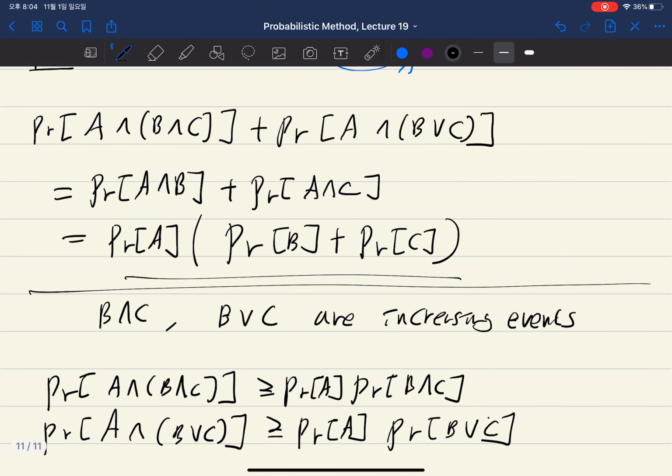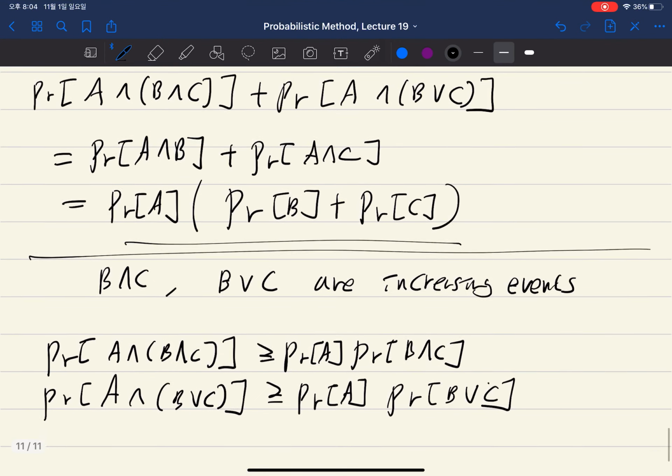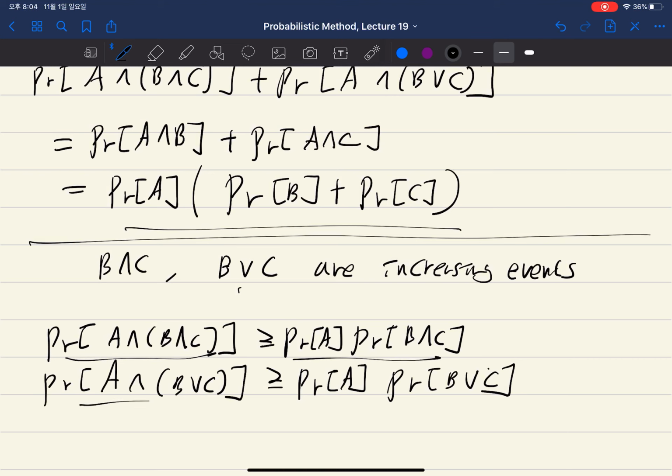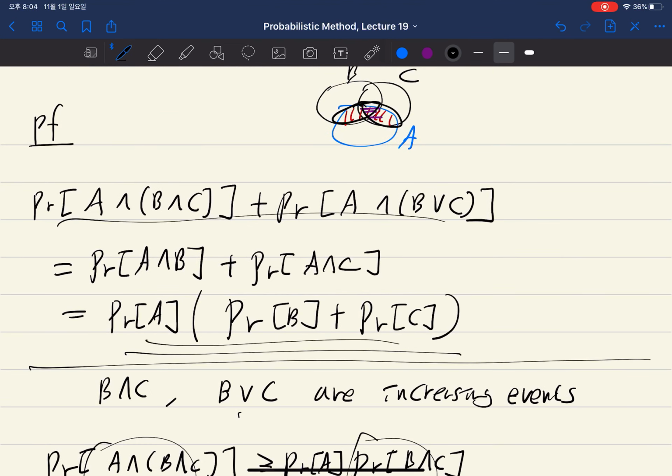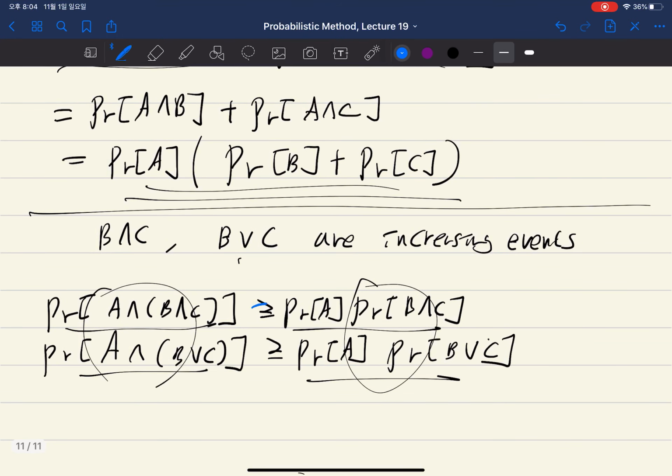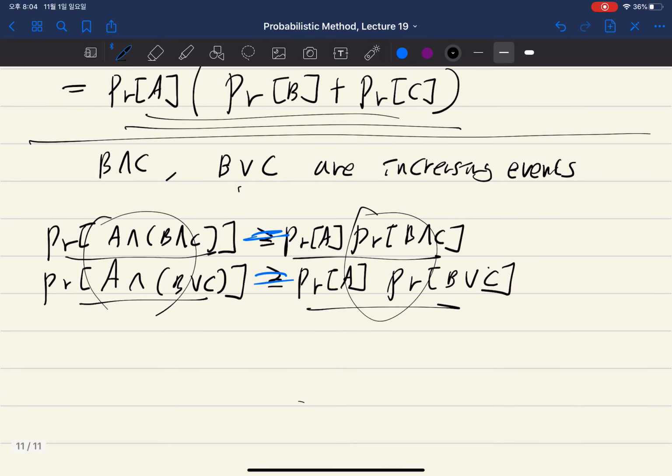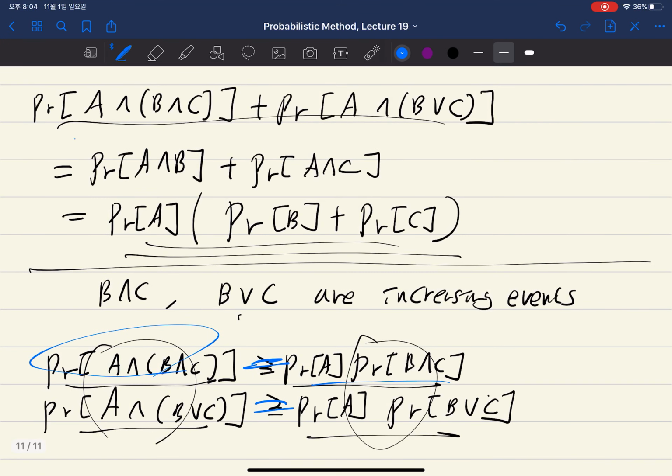So what do we know then? This one is as big as this, and this one is as big as this, but once you sum up, then they are equality. That means both of these inequalities must be equality. Otherwise, if one of them is strictly bigger, then we cannot get the equality here.